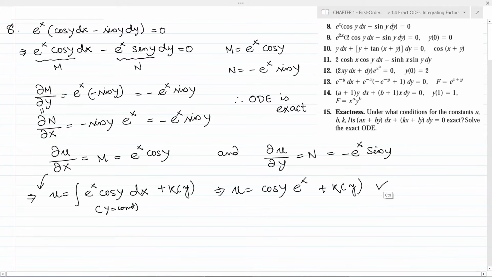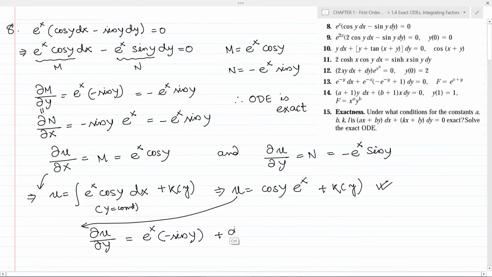Now we have the provisional value of u, and we can take this u and calculate del u by del y, which will be equal to, this e to the power x comes out of the derivative, and we have e to the power x times the derivative of cos y, which is minus sin y, plus dk by dy, because k is a function of y, and the partial derivative of k with respect to y equals the normal derivative of k with respect to y.